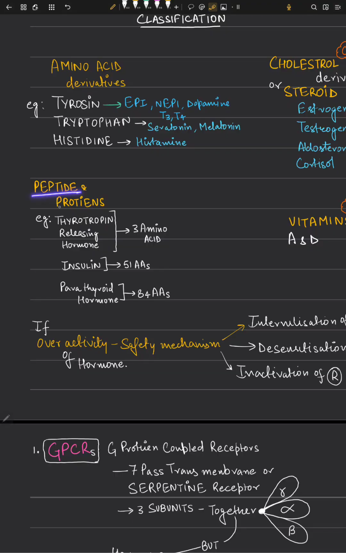Let's talk about peptide and protein derivatives or hormones. For example, thyrotropin releasing hormone, TRH. This is a 3 amino acid hormone, so it's a smaller one. But insulin, on the other hand, is a bigger one. It's 51 amino acids. And PTH, the parathyroid hormone, is 84 amino acids.